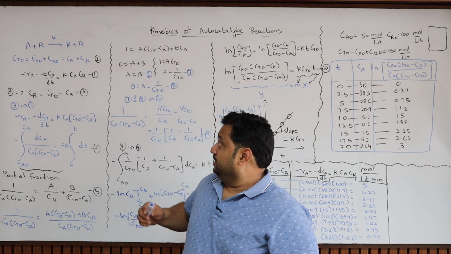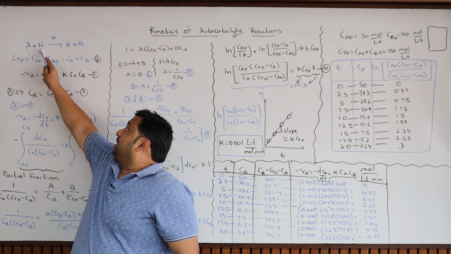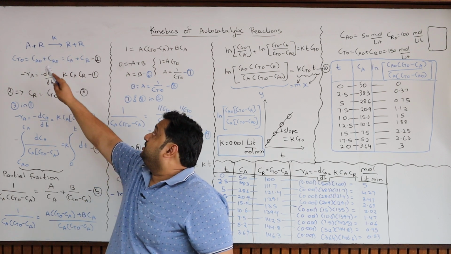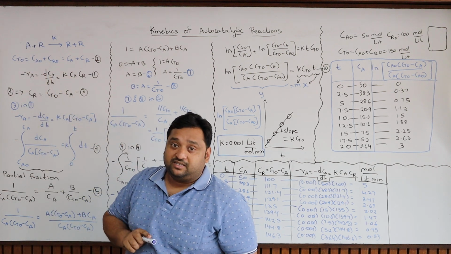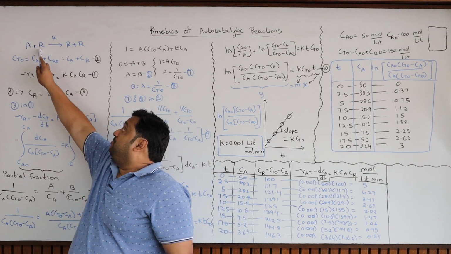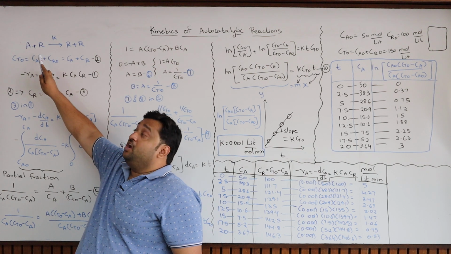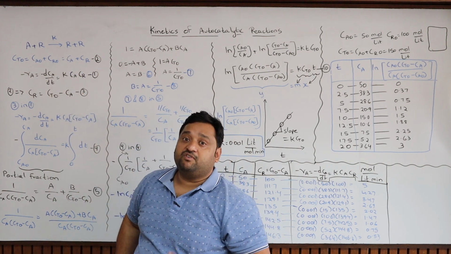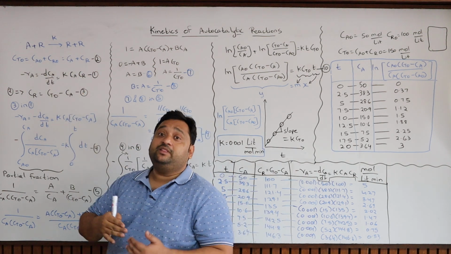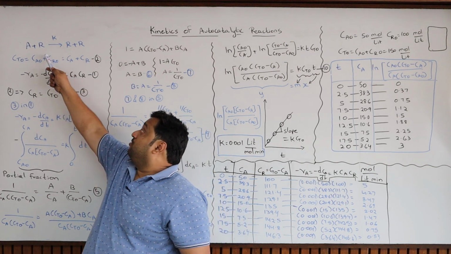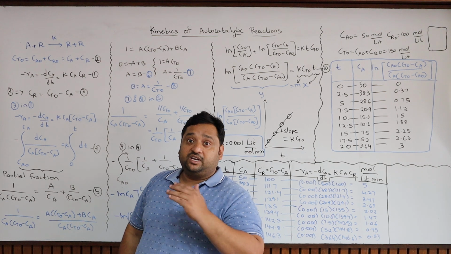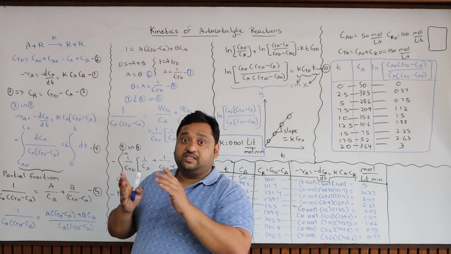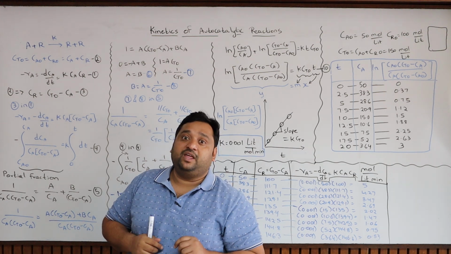For example, the reaction A plus R gives rise to R plus R. You can see R is my product as well as my reactant. Every 1 mole of R reacts to produce 2 moles of R. That means the product concentration is rising, and the same product is the reactant in my reactor.